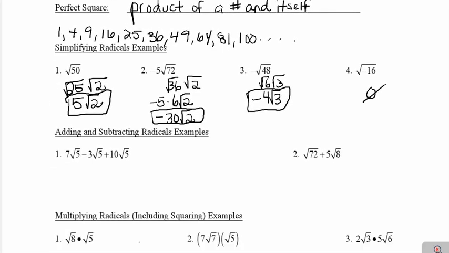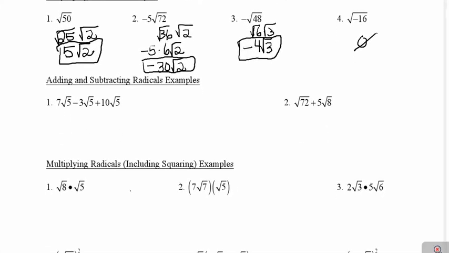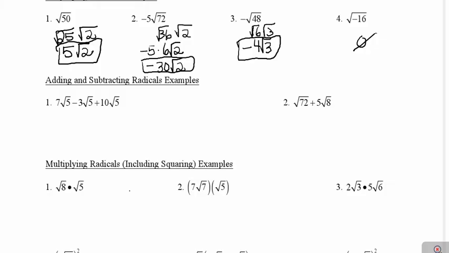Okay, now let's look at some examples of adding and subtracting radicals. The thing you have to keep in mind is that the only way we can add or subtract radicals is if they have the same exact number underneath the radical. In this first example, notice they all have the square root of 5. So when I add these together, I can add the numbers in front together and keep that square root of 5 the same.